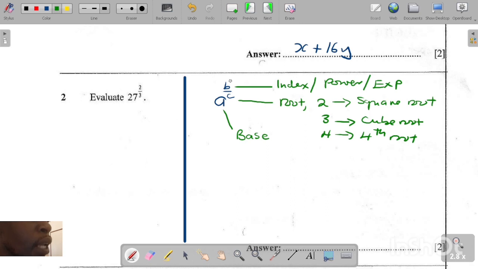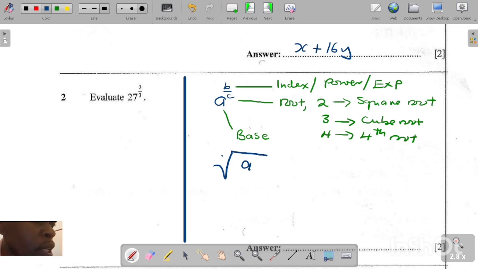Okay? Now, with this understanding, this can now be written as the base a, then here we are going to put c.